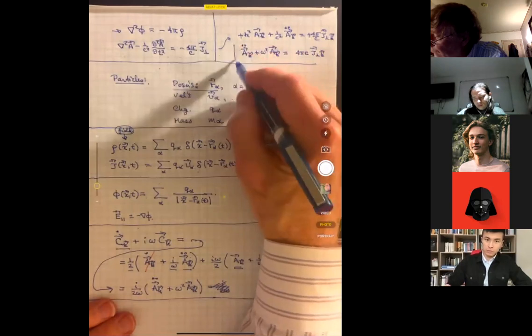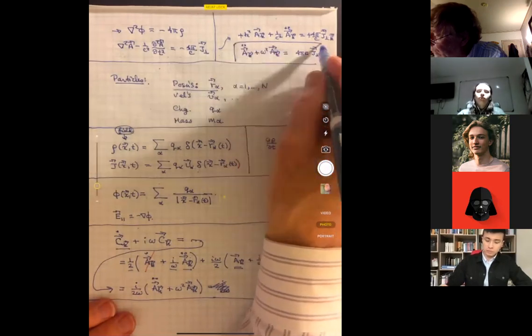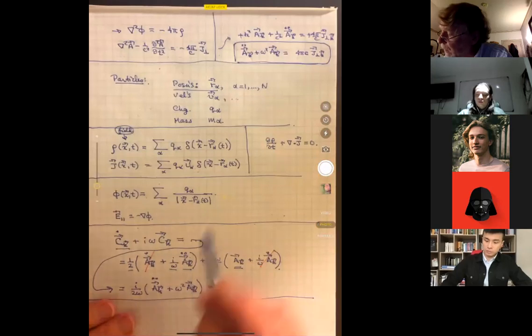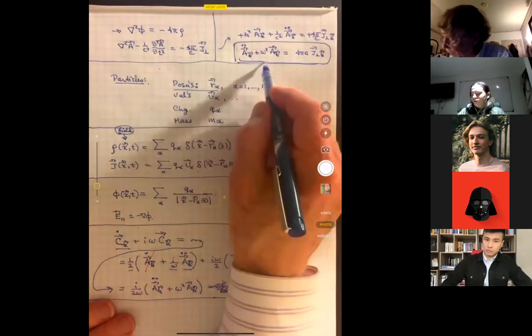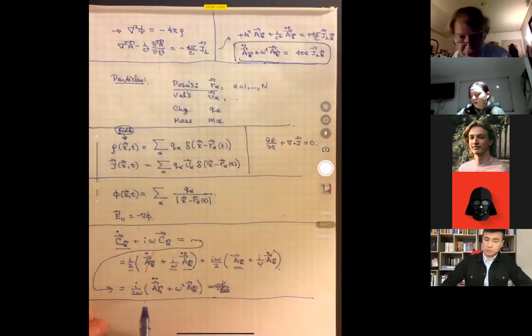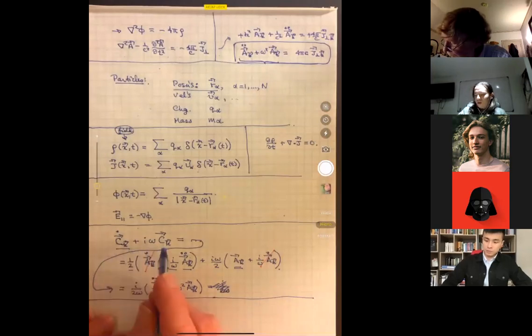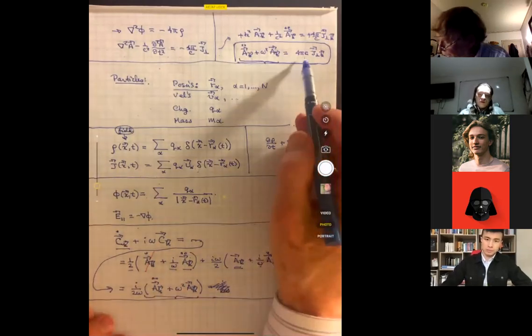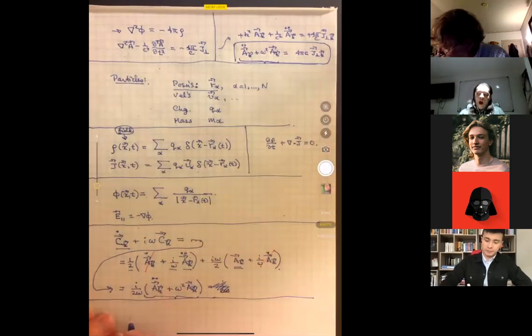In other words, we get a driven harmonic oscillator for the Fourier coefficients of A. However, on the left-hand side is exactly what we got down at the bottom of the page in calculating this quantity for the time derivatives of the C's. And if I plug that in up here, 4 pi c times j perp k, what I get is this becomes equal to 2 pi I c divided by omega times j perp sub k.